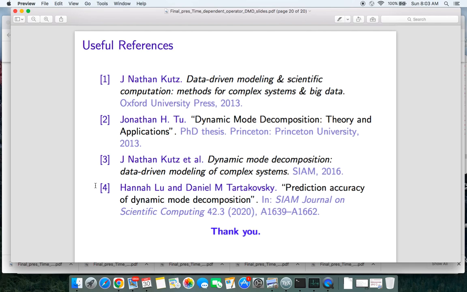This was an analysis on how we can look for the time-dependent operator in DMD and also what the prospects are in finding the dynamics as we explore the observable space.